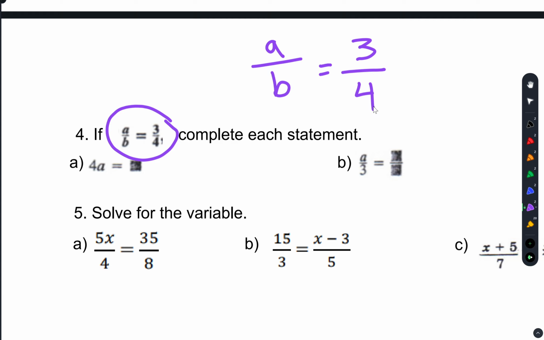So here's my original. It says, okay, we multiply 4 times A. What would be the equivalent on the other side of this equal sign? Well, 4 times A is like multiplying in an X shape. So the other side of that equal sign should look like 3B. Does that make sense, what we're doing here? We're trying to match it up.